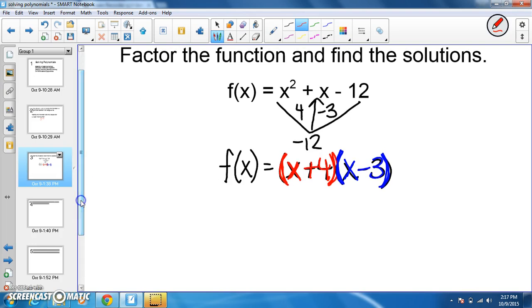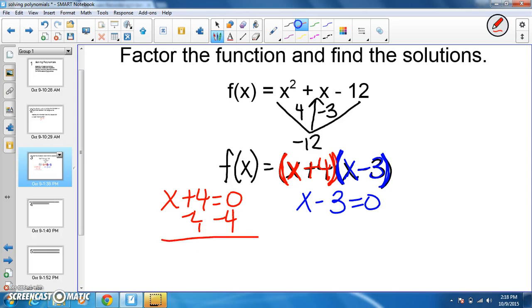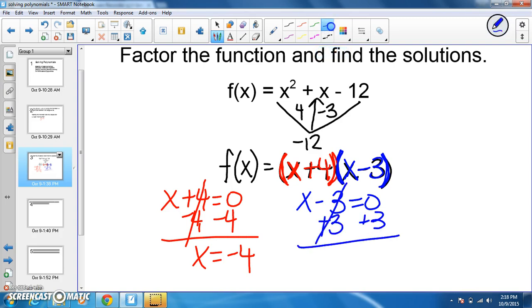So by setting them both equal to 0, we get x plus 4 equals 0, and x minus 3 equals 0. To solve for x, we're going to subtract 4. X is equal to negative 4. We're going to add 3. X is equal to positive 3. So our zeros of the function are negative 4 and 3.